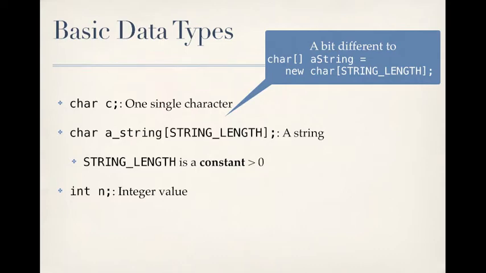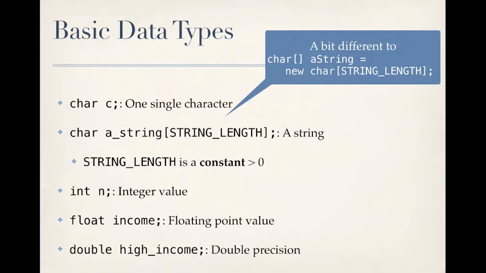So integer, totally the same as we know, and there are also floats, with no difference to C#, and we also have double precision numbers, which are again the same as in C#. Okay, so these are the basic data types.